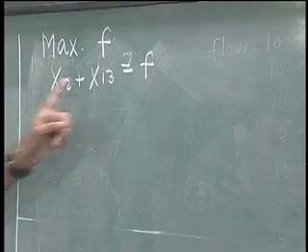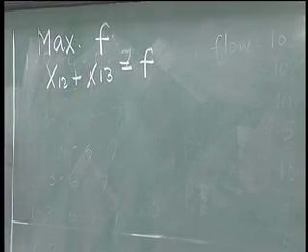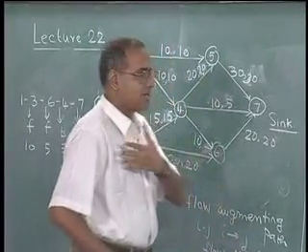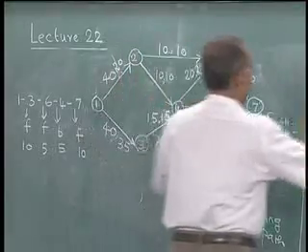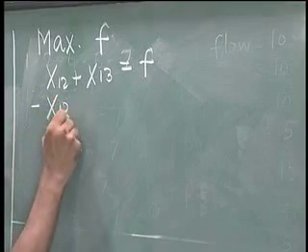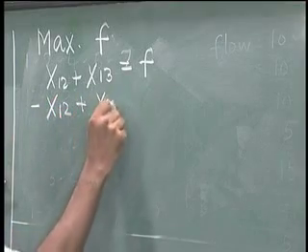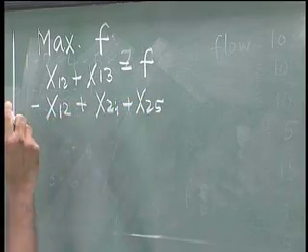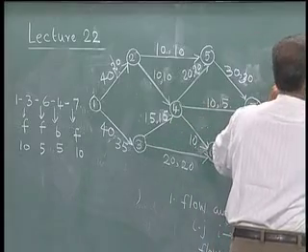So, x12 plus x13 is equal to f, and whenever we have an intermediate node like this, we have flow balance equation. So, for this one we will have minus x12 plus x24 plus x25 is equal to 0.